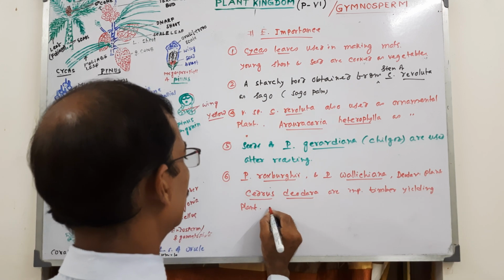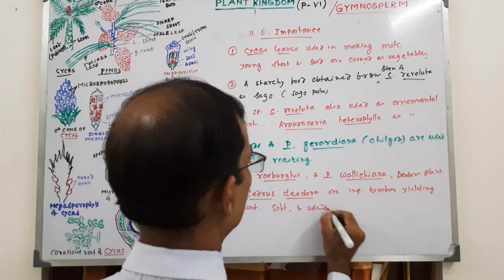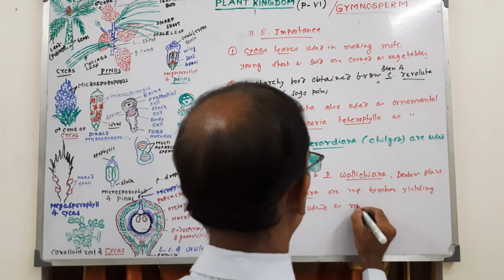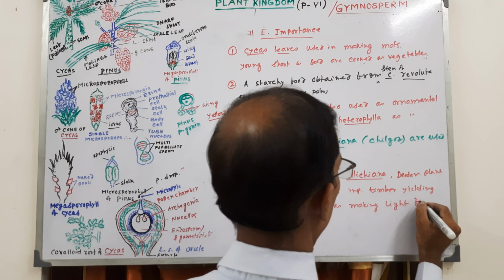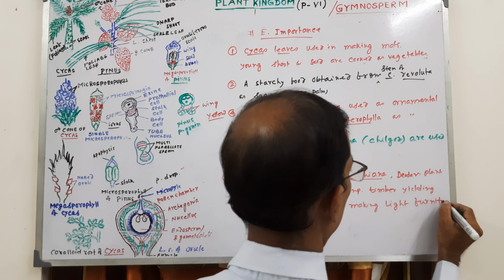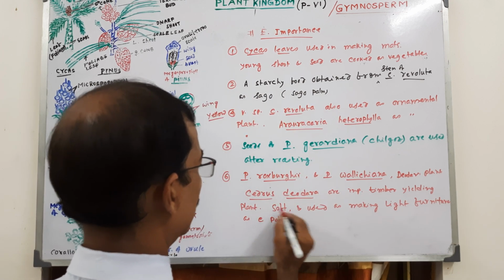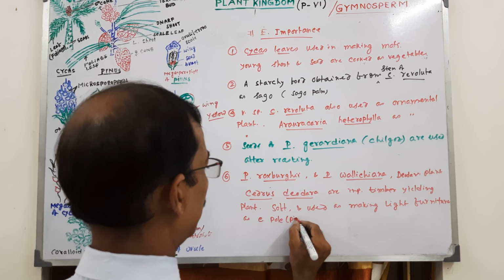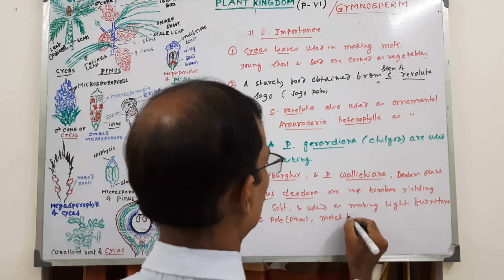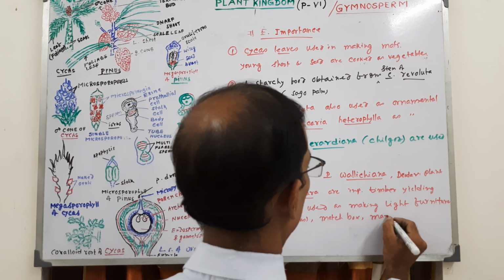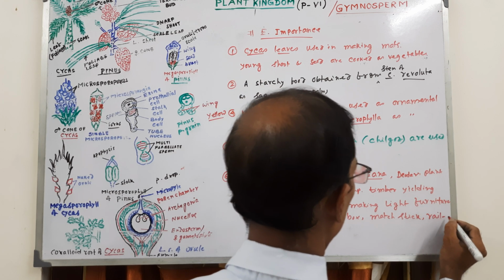Here the timber is soft and used for making light furniture, electric poles, especially Pinus wood, and matchsticks, railway sleepers, etc.